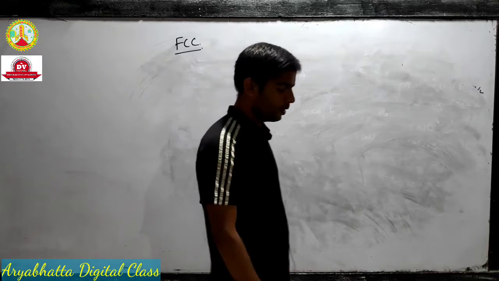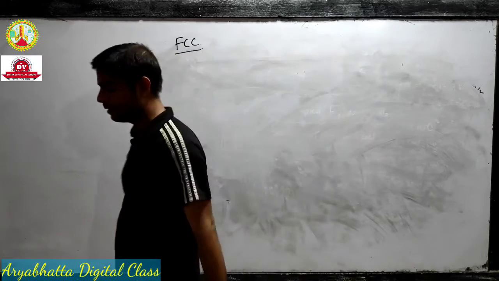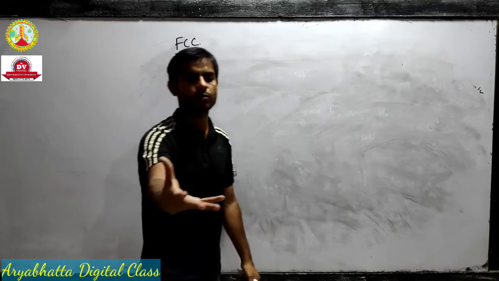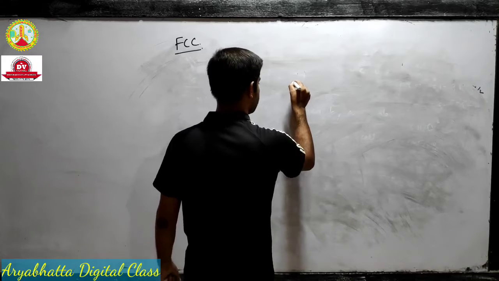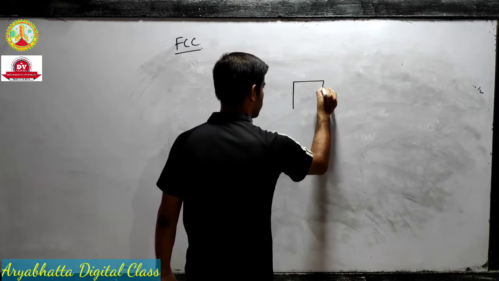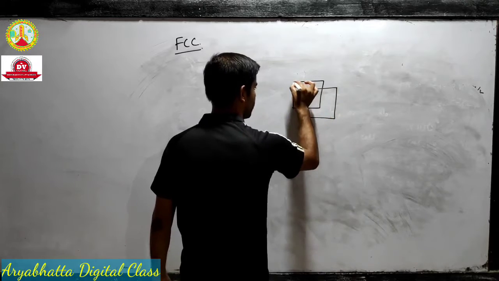Now we need two things. The first thing that we need is the given volume. What is the given volume of the unit cell? Let us consider a cubical crystal or unit cell.